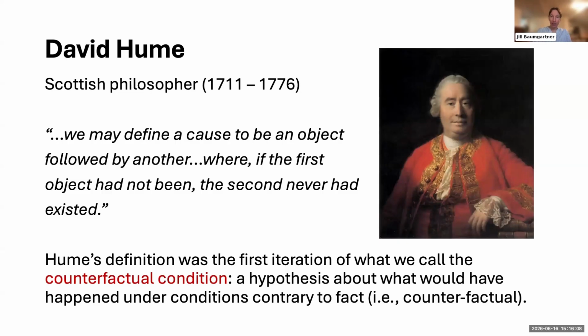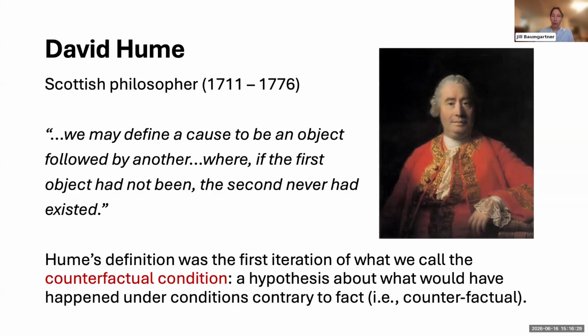Scottish philosopher David Hume in the 1700s suggested the first iteration of what we call the counterfactual condition, which is a hypothesis about what would have happened under conditions contrary to the fact. So, counterfactual, right?